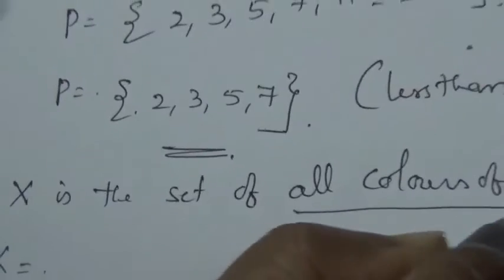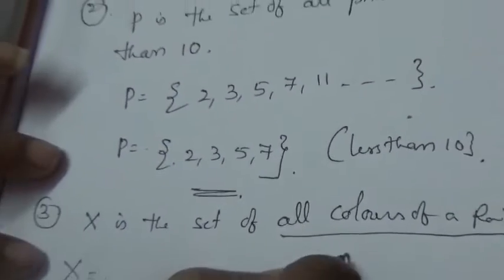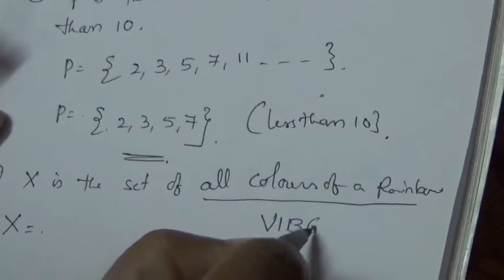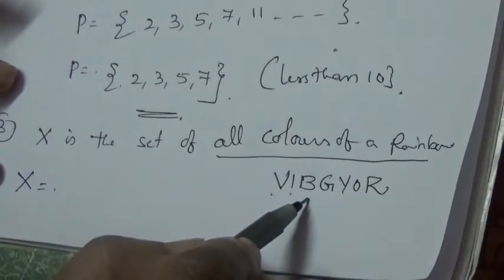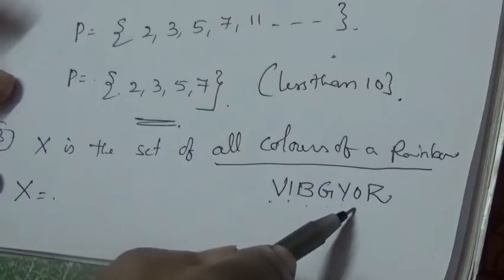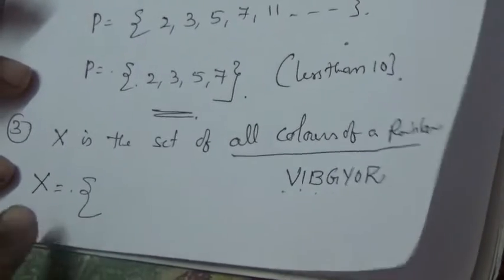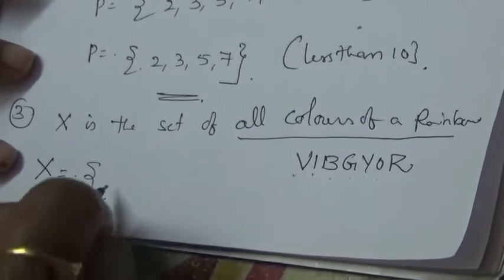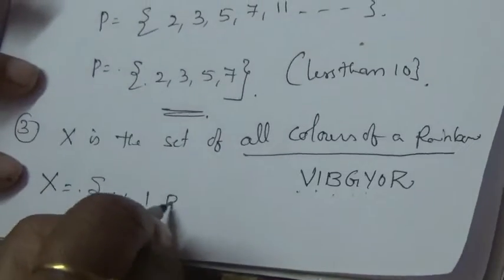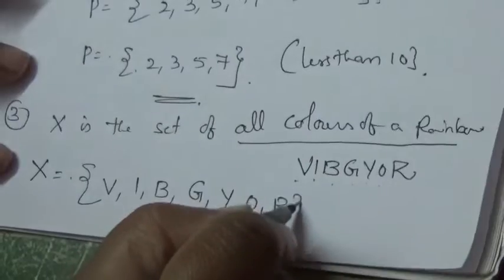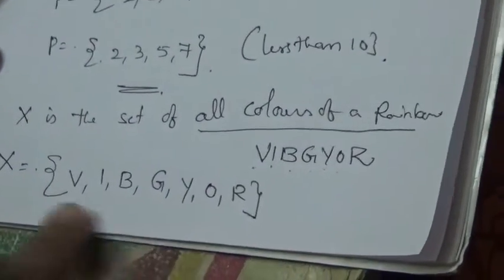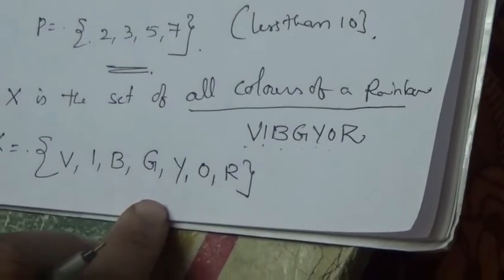So X is equal to, we know that all colors of a rainbow are VIBGYOR. VIBGYOR means violet, indigo, blue, green, yellow, orange, red. So we write in the set V, I, B, G, Y, O, R. It is the set of all colors in a rainbow.